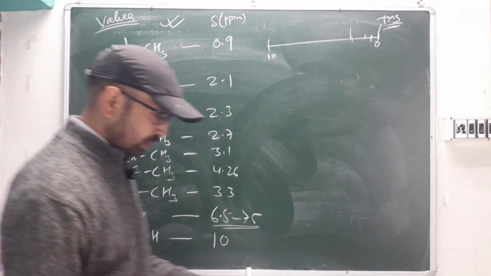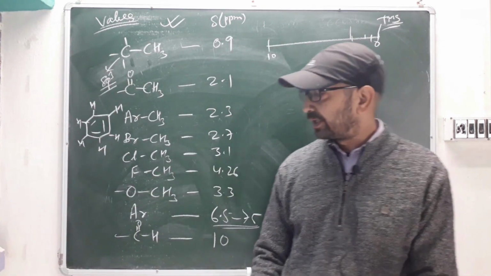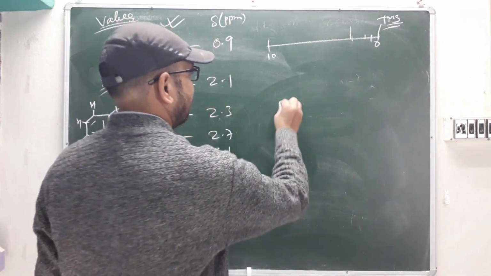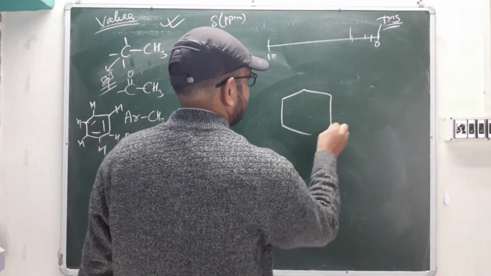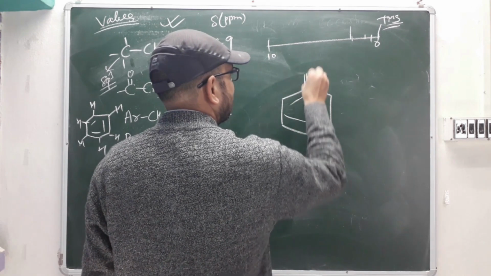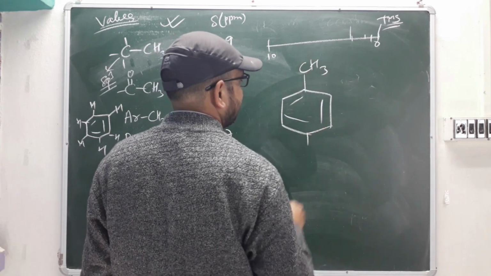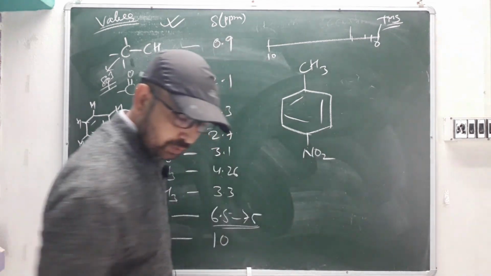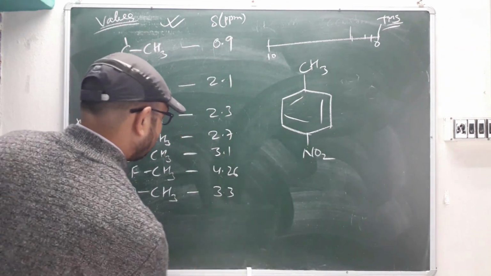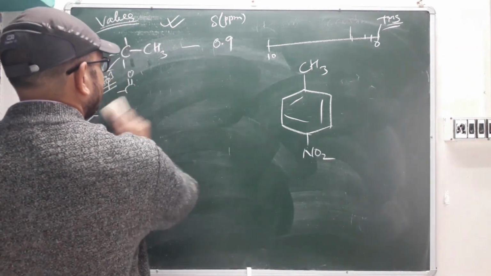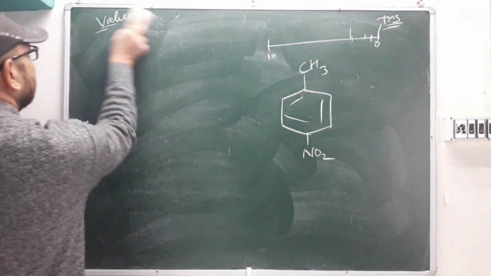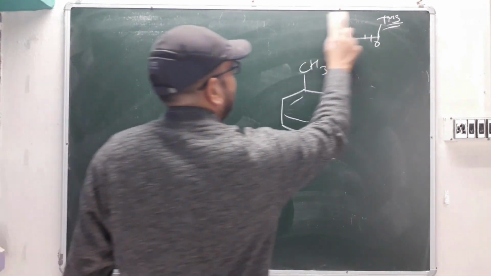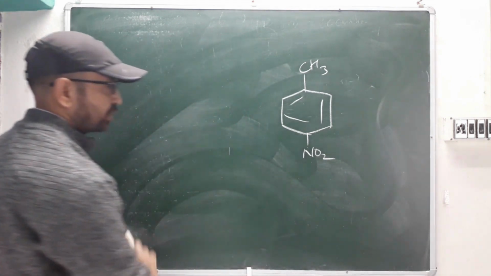Done. So we will now find the magnetic equivalent. What is magnetic equivalent? And then we will start solving the questions. It will be very important. Suppose here it is CH3 and here it is NO2. Okay, two or three examples. I'll write them down, and then we will find the magnetic equivalent. If you are able to find the magnetic equivalent, you will be able to solve the problems.